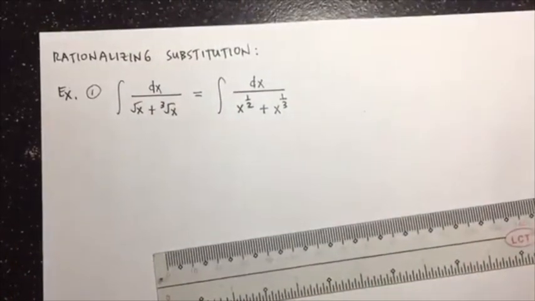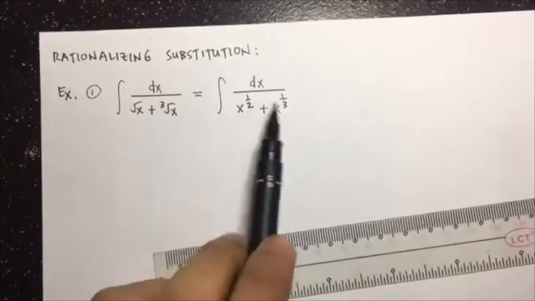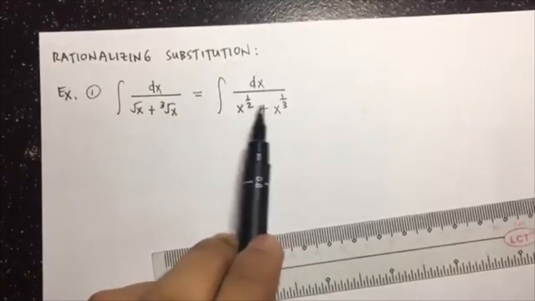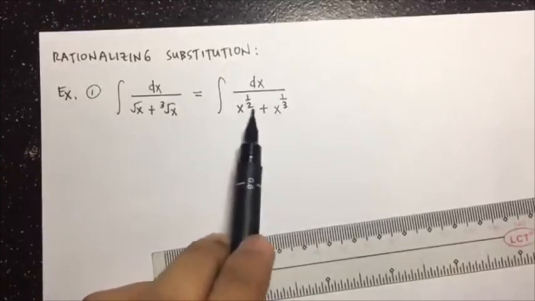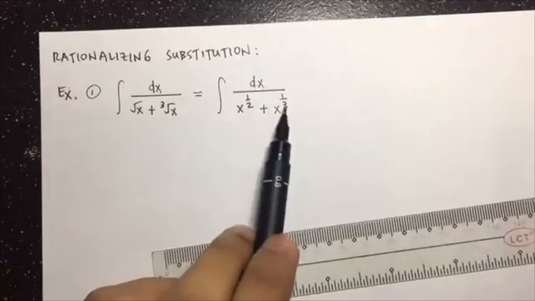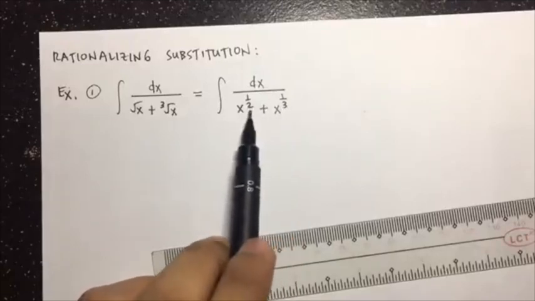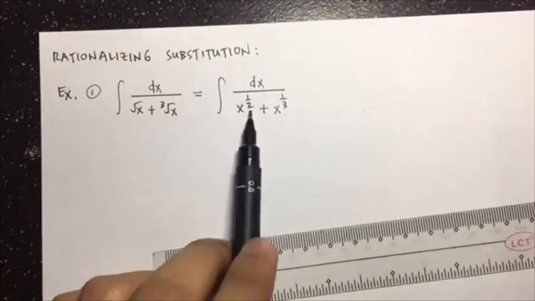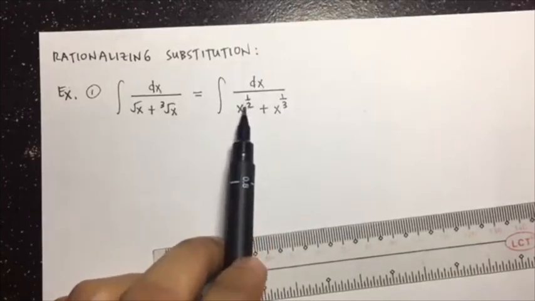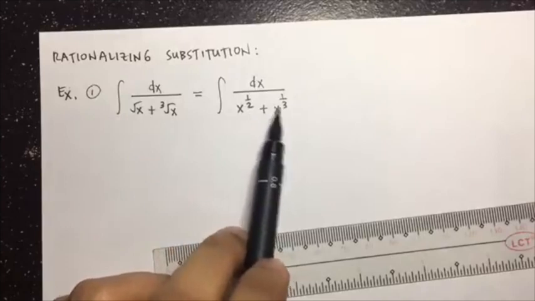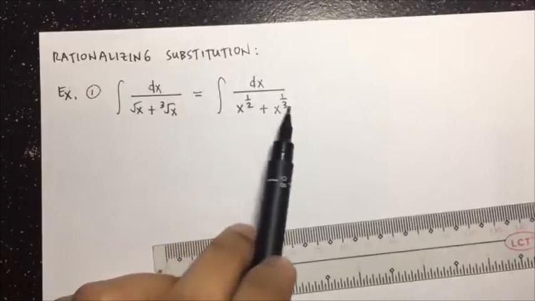The next thing that we'll be doing is we will express the fractional exponents in terms of the same denominator. We will express 1/2 and 1/3 in such a way that they will have the same denominator.